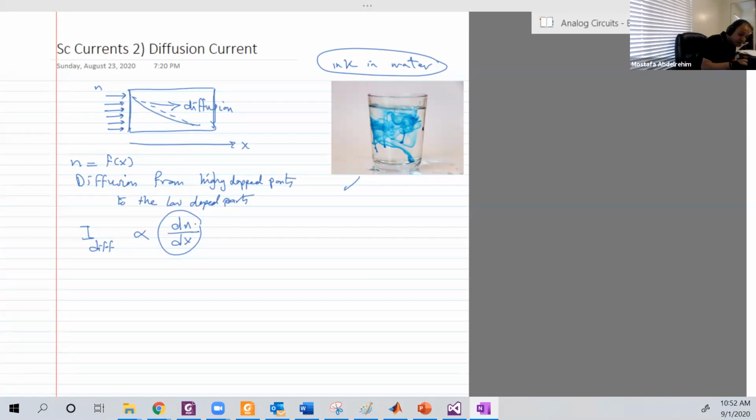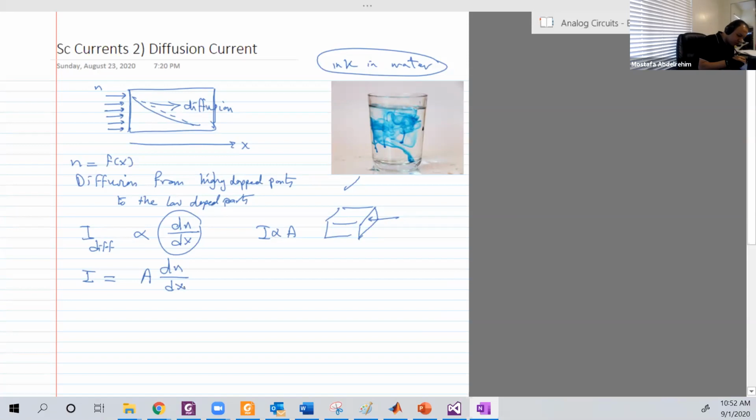And also, if we talk in a geometric way, if you have a larger area, you will also have a larger current. So I is also proportional to the area. So based on these two proportionalities, I will be equal to A dN by dx.